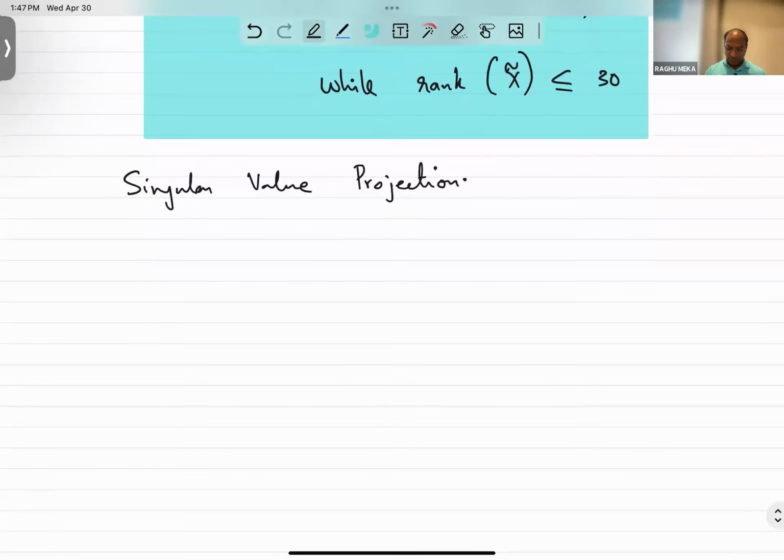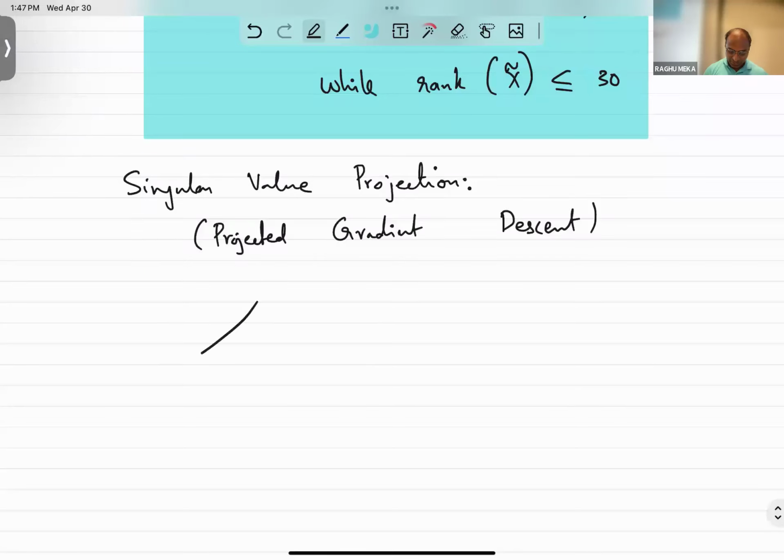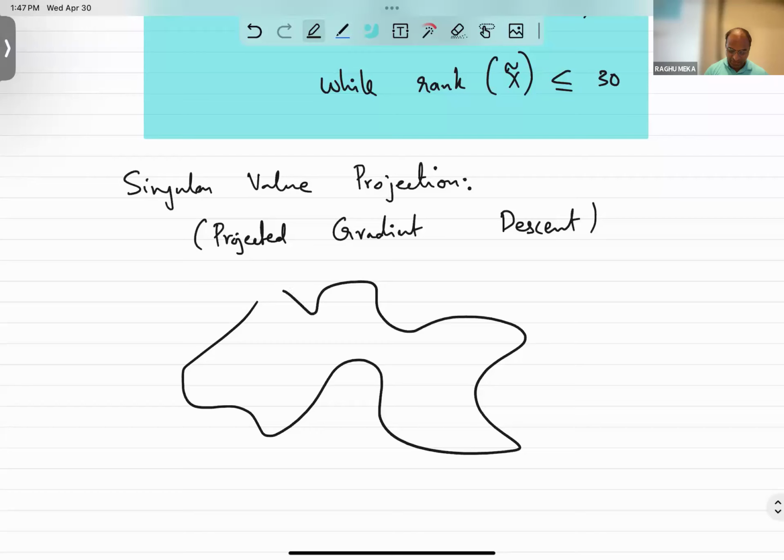Okay. So basically, we can do projected gradient descent. Right. So we have this rank 30 set. You can actually plot these things and it looks crazy. It's something scary like this. Okay. But I can always project onto this set. The projection operation is efficiently computable.